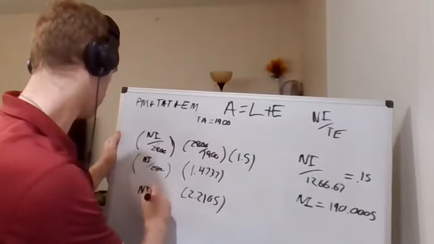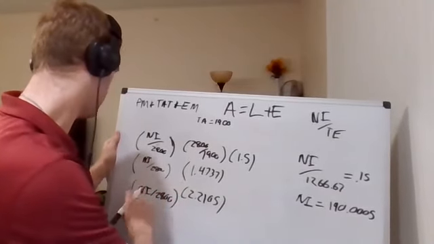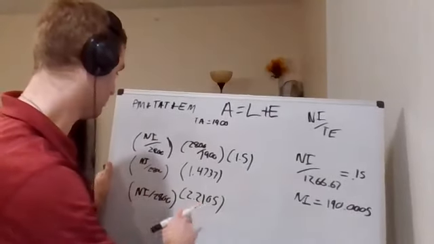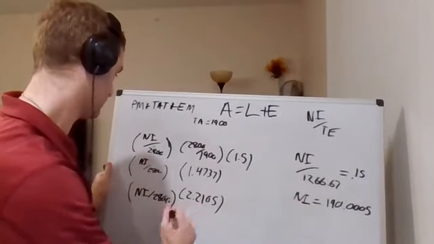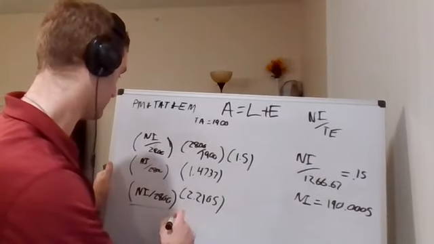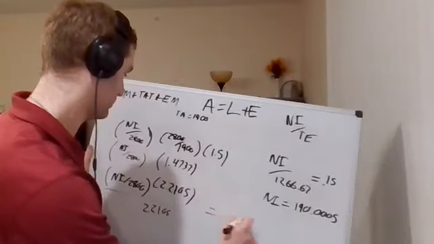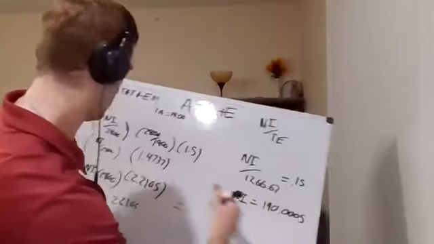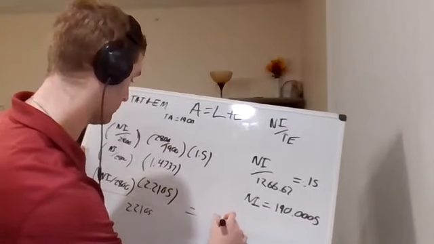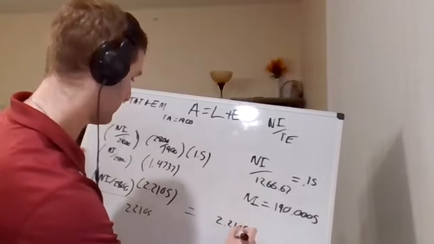Okay, we still have this one. Net income divided by 2,800. All right, we're still trying to solve for net income, which is X. We have to move these. So what we're going to do is divide this by this 2.2105, which gives us, I'm just seeing how this works, honestly, because I don't know how to do it this way. 2.2105.